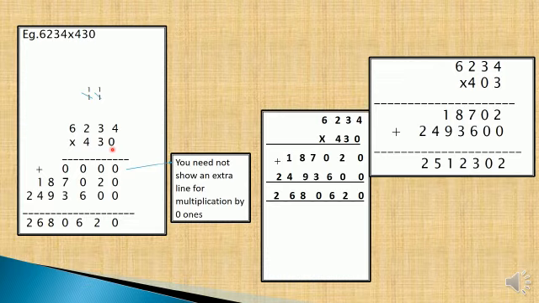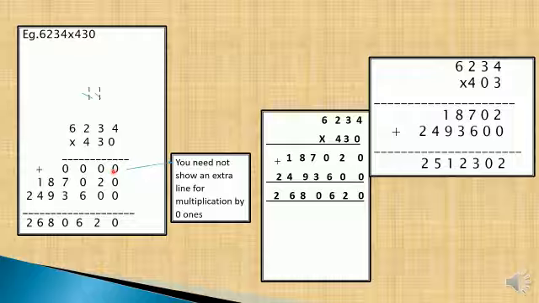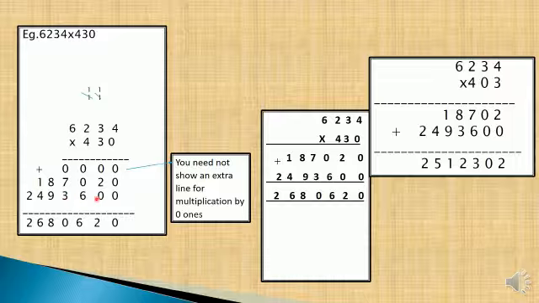When you multiply any number by 0, the answer is 0. The second step is multiply by tens, that is by 30. Here is the answer. And the third step is multiply by hundreds, that is 400. And here is the answer. And we have to add all these products, we get this answer.